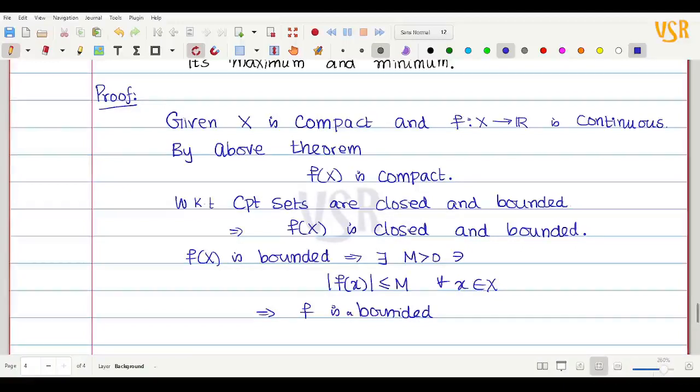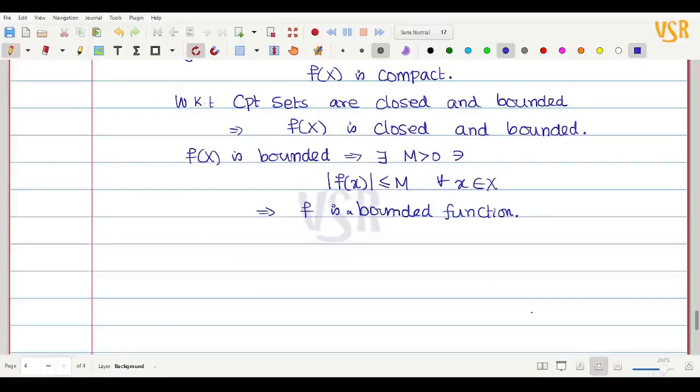Now that it is a bounded function, we can talk about the supremum.